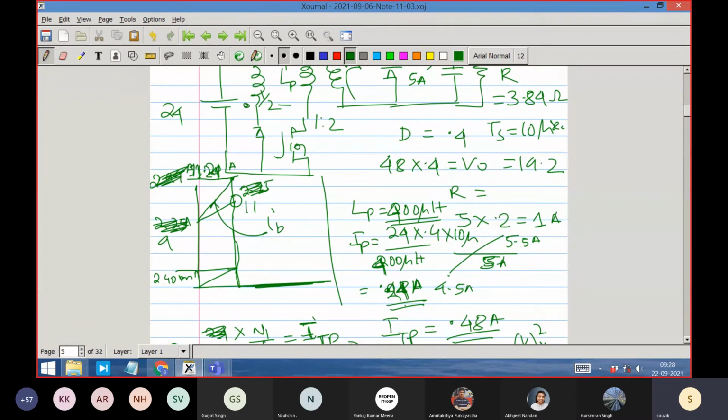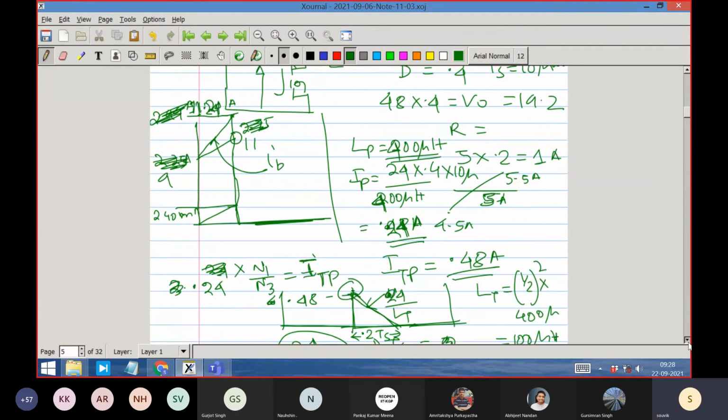So 0.24 into N1 by N3 should be the tertiary coil current peak. Whatever current was 0.24 there, is 0.48 here, because it is going as per the MMF balance. The tertiary coil has a number of turns which is half the primary coil.